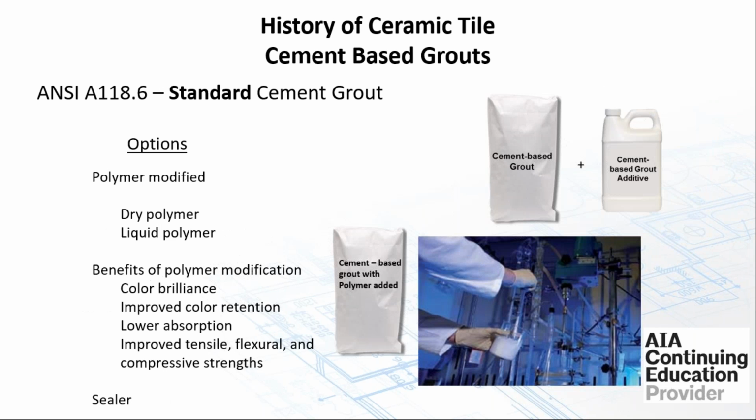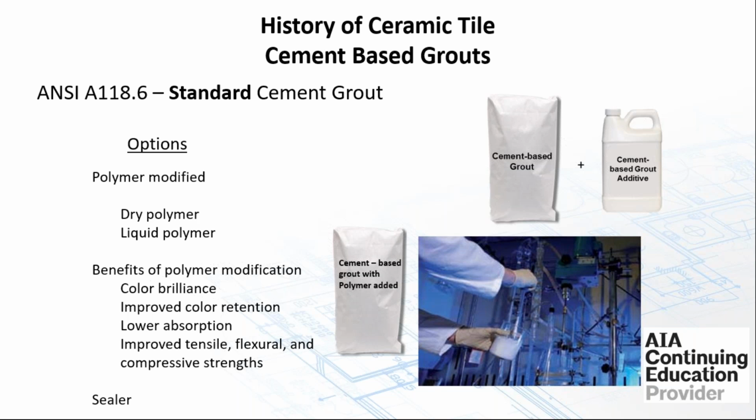So what we have on the options on your basic Portland cement grouts is polymer modified. And originally, as the colored grouts were coming out a number of years back, it was the sand and cement, the aggregates into it, the pigments and the dyes into it. And then the industry started introducing more and more usage of polymers.